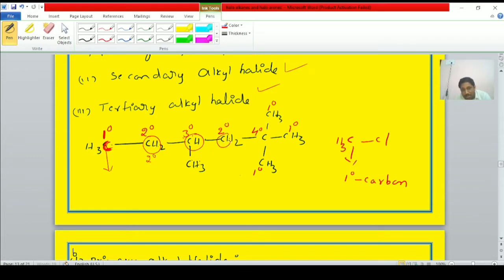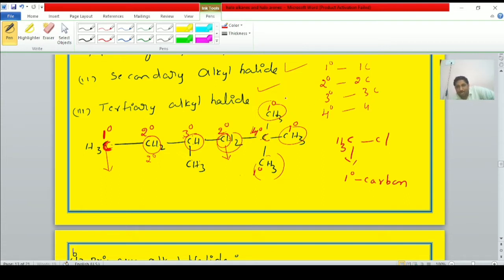This carbon atom is bonded to one carbon here and one carbon here, hence it is a secondary carbon atom. But this carbon atom is bonded to four carbons at a time, hence it is known as a quaternary carbon atom. Primary carbon means bonded to one carbon. Secondary carbon means bonded to two carbons. Tertiary carbon means bonded to three carbons. Quaternary carbon means bonded to four carbons.